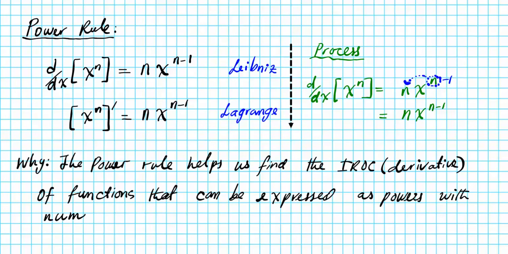Okay? So if you can express a function as a power where the power is a number of any kind, then you can apply the power rule in finding the instantaneous rate of change or the derivative at any x value or point in time.